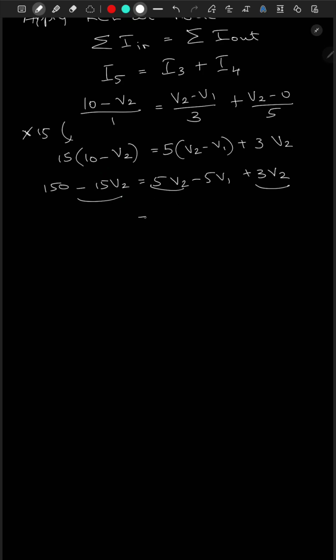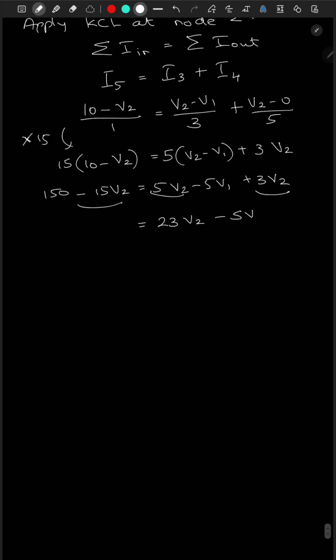So altogether we'll have 8 plus 15, which is 23 V2 minus 5 V1, and this is equal to 150. So we can write it as minus 5 V1 plus 23 V2 is equal to 150. So this is equation 2.